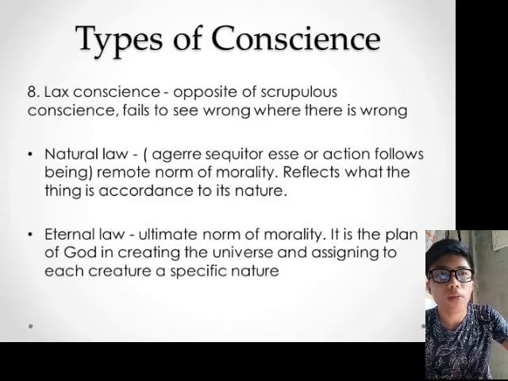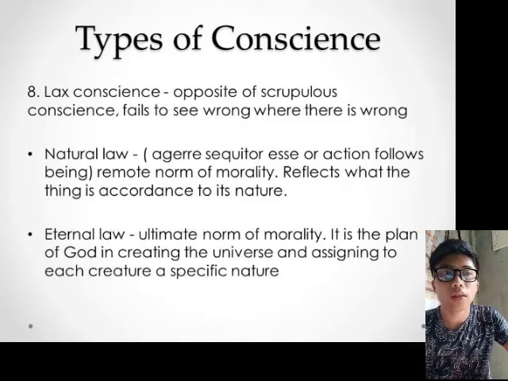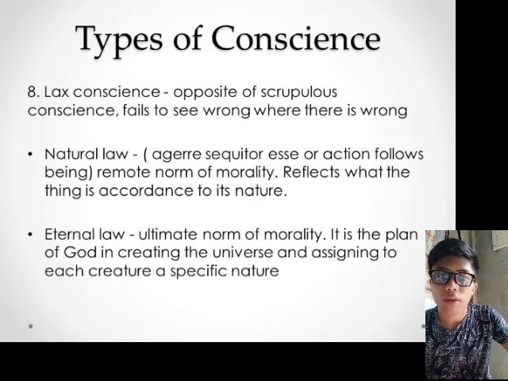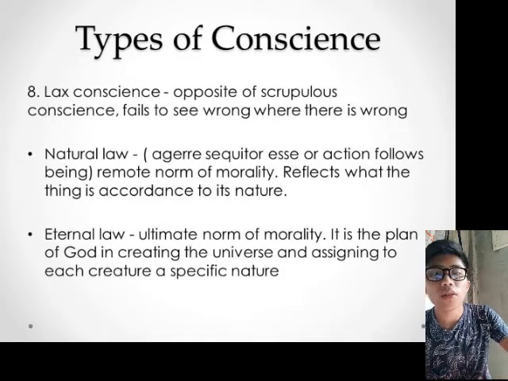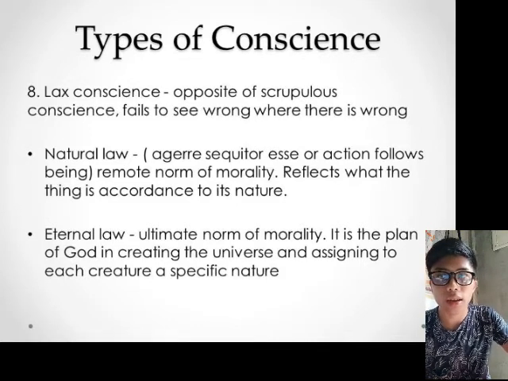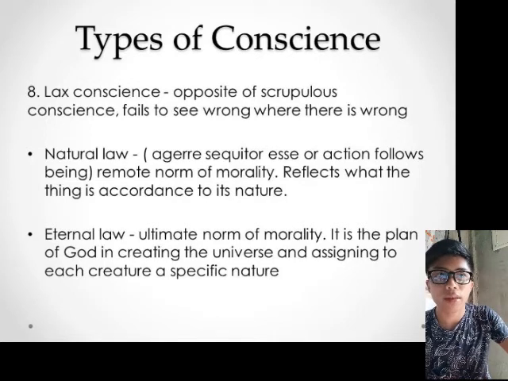It is a remote norm of morality. It reflects what the thing is in accordance with its nature. For example, the nature of a scorpion is to sting, while the nature of a human is to help.